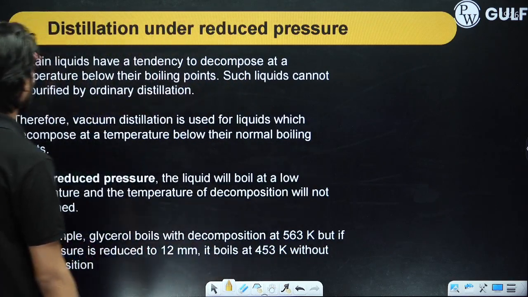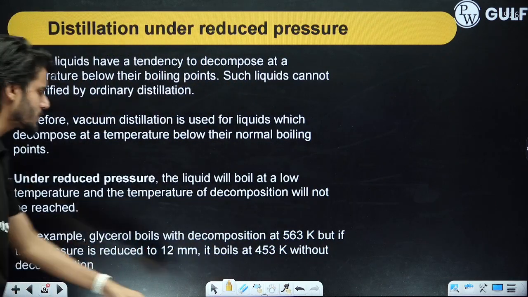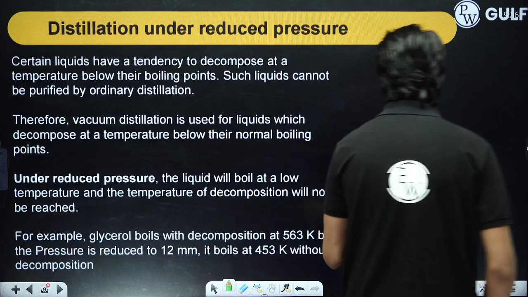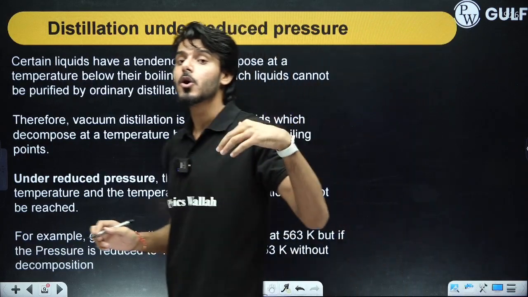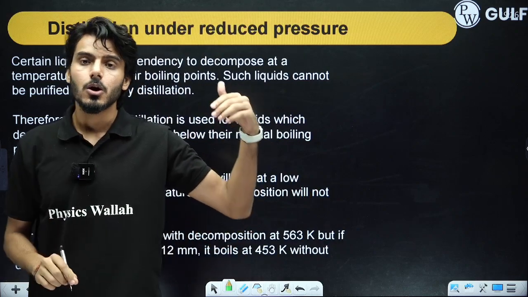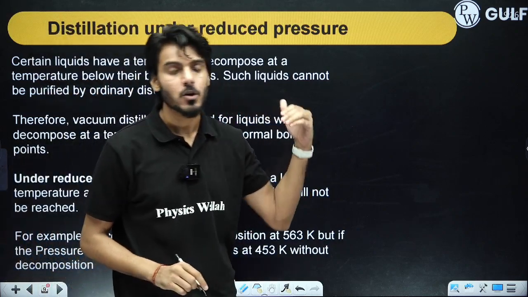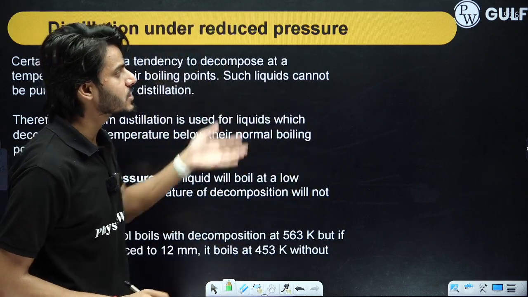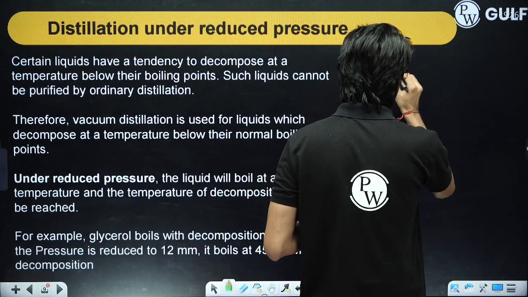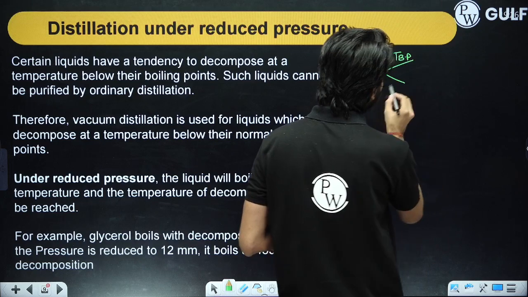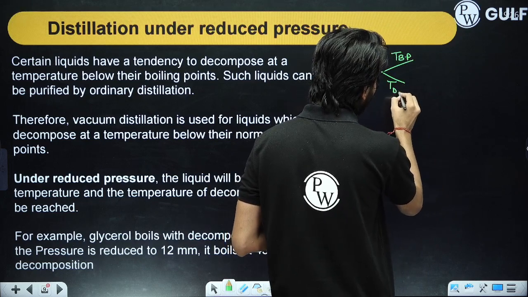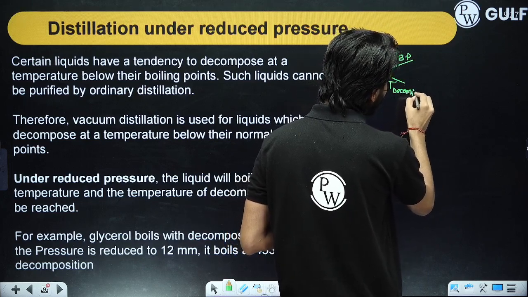All right, then now distillation under reduced pressure, guys. What do we mean by distillation under reduced pressure? As soon as I started the whole topic of purification, and primarily distillation, I told you that there are two temperatures. One is the boiling point and one is, guys, the temperature at which the compound decomposes.